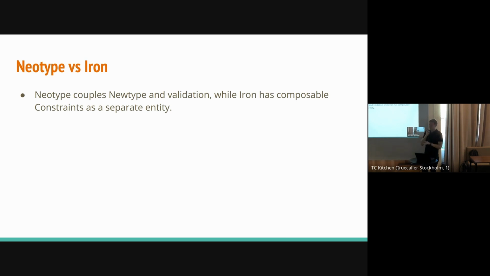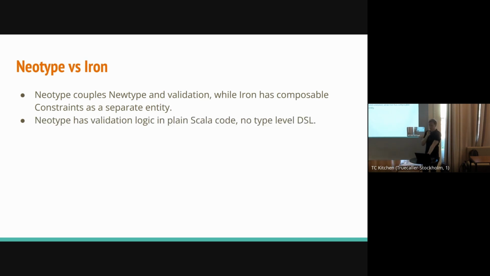But one difference is that in Neotype, the newtype and this validation thing are very coupled. But with Iron, you can put this validation stuff outside of the new types, in these constraints. And that's nice. With Neotype, I think a good advantage is that you just write plain Scala code.